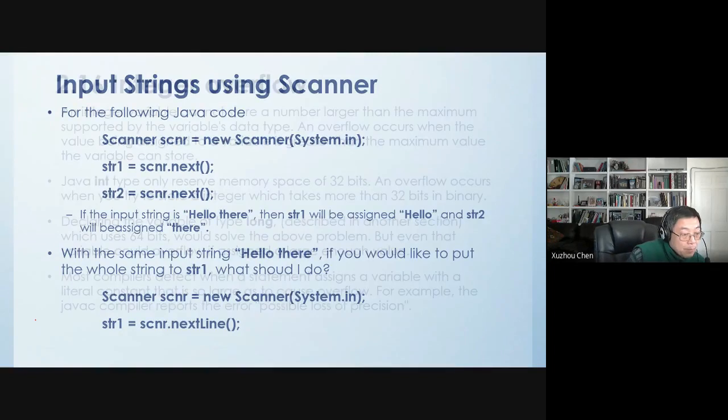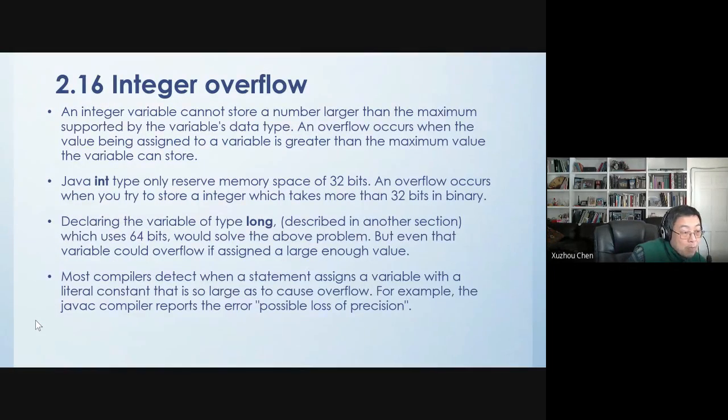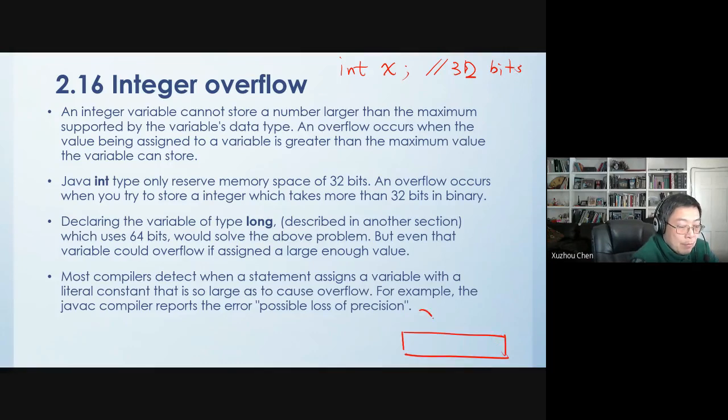Okay. Now the next thing we're going to talk about is called integer overflow. Remember that when you declare a type as an integer, Java is going to reserve 32 bits of memory space.